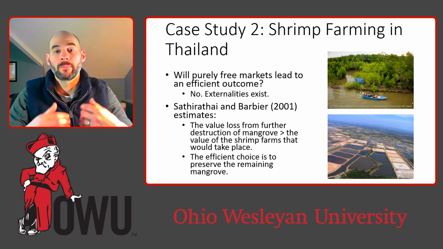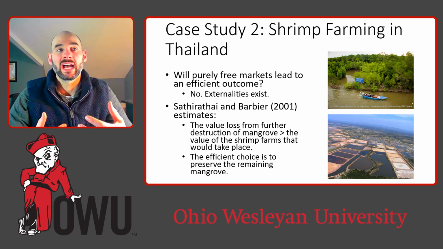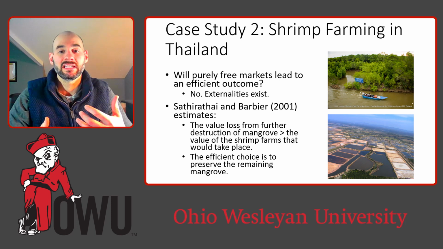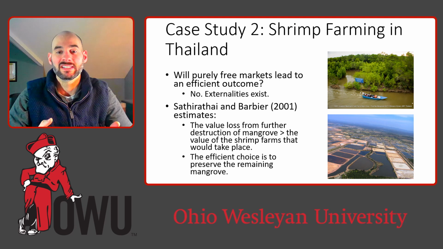And so when we think about predicting what could have happened, given the clear externality which would appear in this situation, when we leave that market to its own devices, it's not going to produce an efficient outcome.